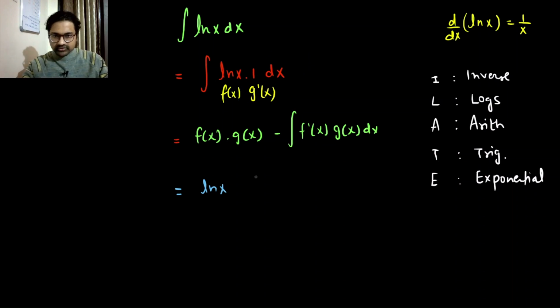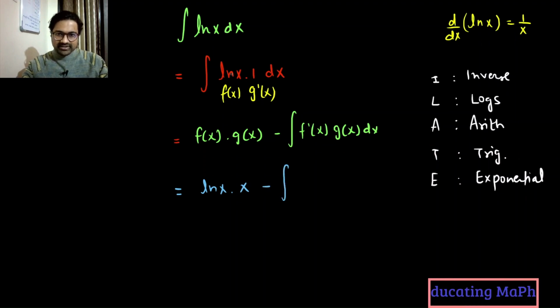We get x. So we write x over here, which is in multiplication, minus the integration of, what is f prime of x? What is the derivative of natural log? It's 1 over x. So we write 1 over x over here. What is g of x? We just wrote that, it's x. And this is once again dx. All right, so x ln x remains as it is. And what is 1 over x times x?